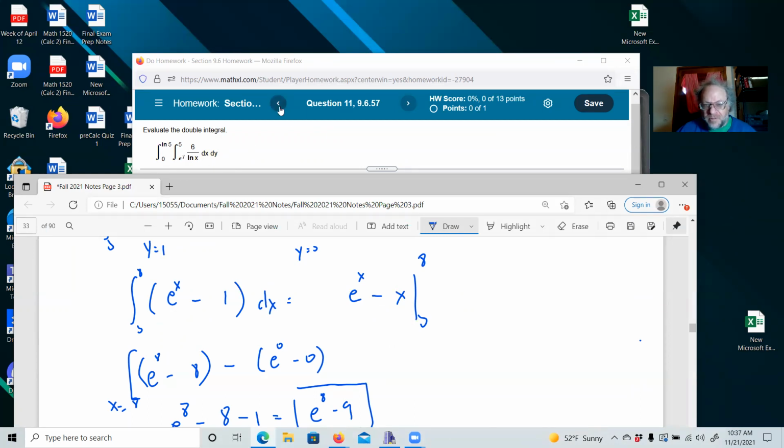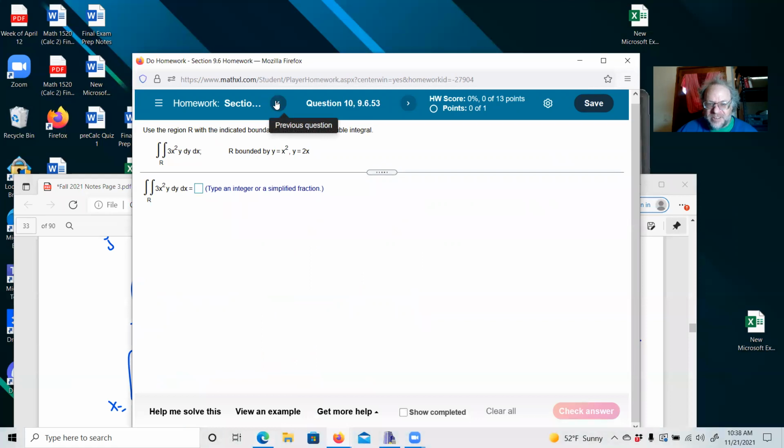This was too hard of a problem to put on a quiz for this level, so we did not do this. On a homework, it's fine, but on a quiz to ask you to do that, I know what I'm in for. I know what you're in for. It's going to be confusing, and again, homework, fine problem. Quiz, maybe not so much.